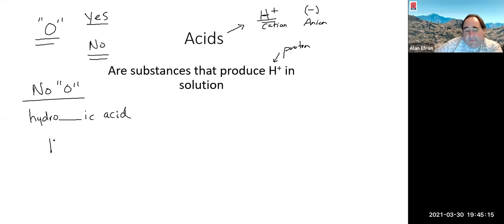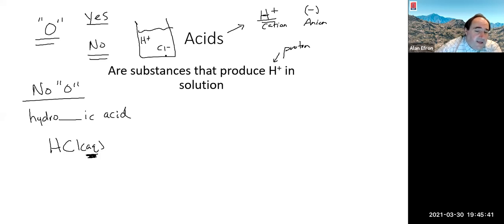So for example, if we have HCl, usually when you write formulas for acids, we oftentimes include the AQ symbol next to it. The AQ symbol tells us it's a solution. It's aqueous. What that means is we're talking about H plus floating around in solution and Cl minus floating around in solution.